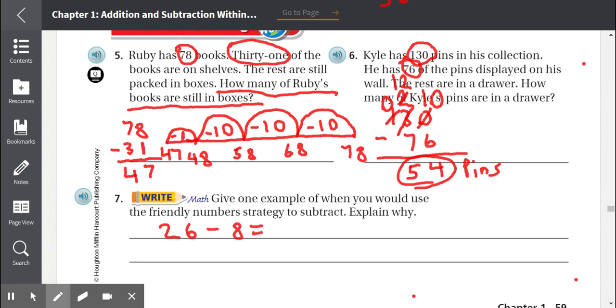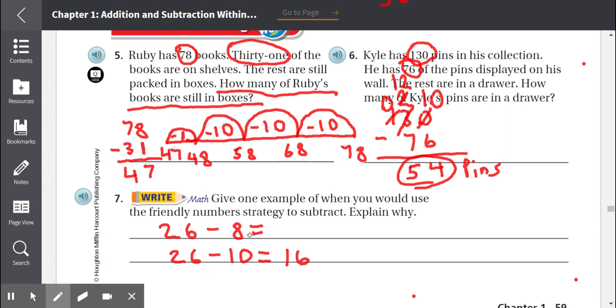So instead of doing 26 minus 8, which is a little confusing, let's just do 26 minus 10. So 26 minus 10 is easier to solve. 26 minus 10 will be 16.